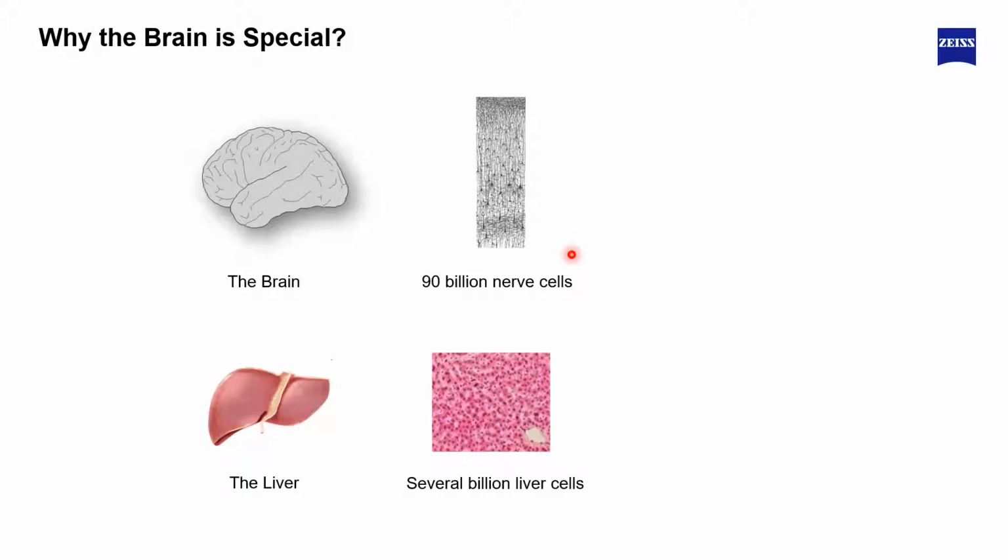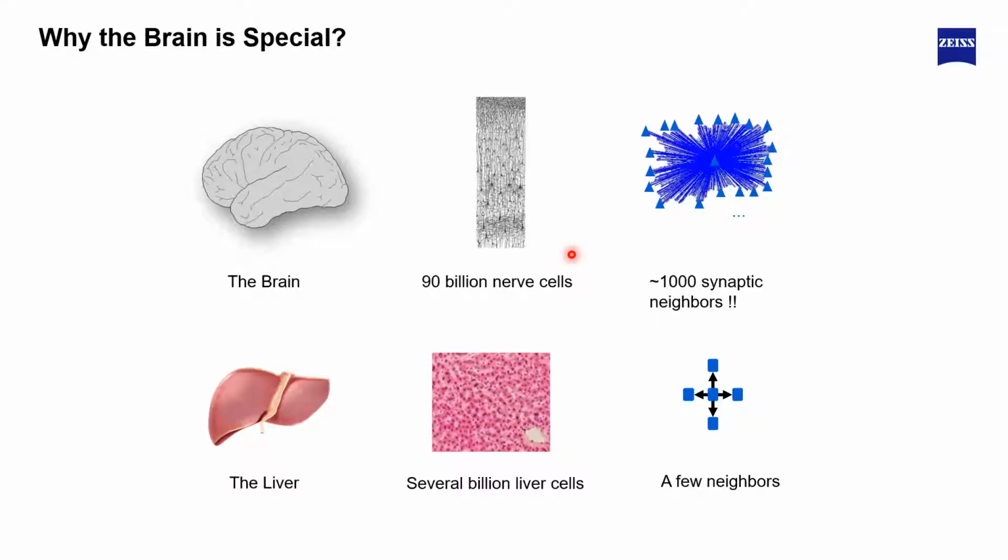But besides the sheer number of cells and the number of cell types in those 2 organs, I think what really makes the brain very, very special is the anatomy and eventually the breadth of communication, or the width of communication, that each of those nerve cells can actually undergo with its neighbors.